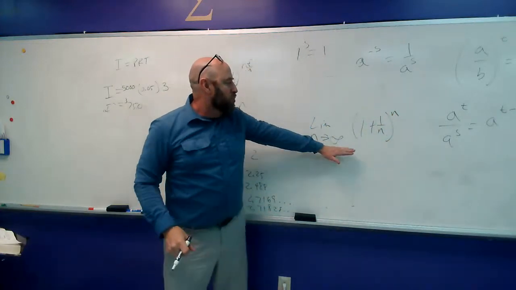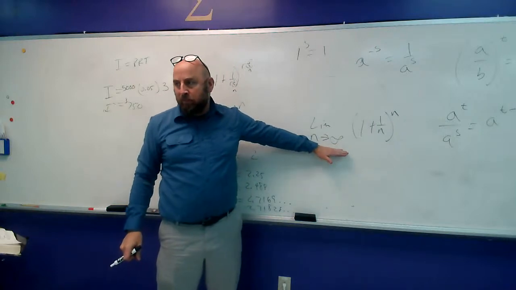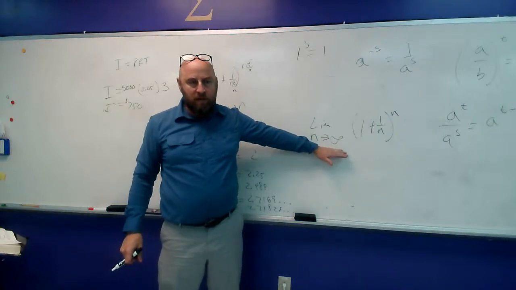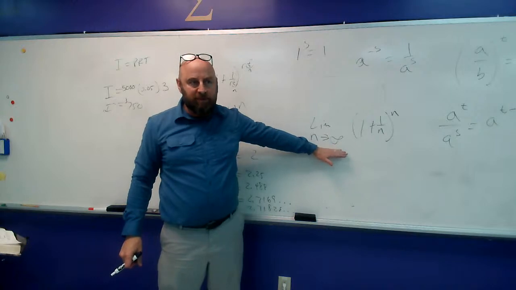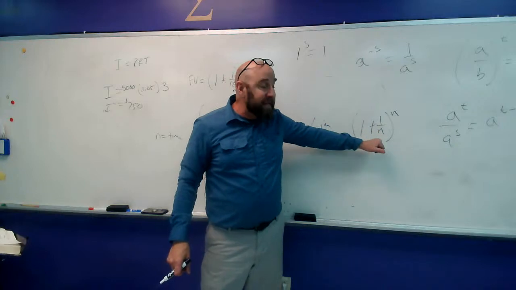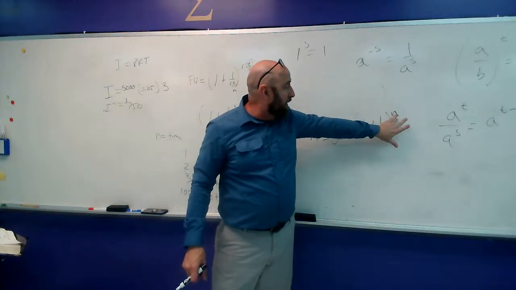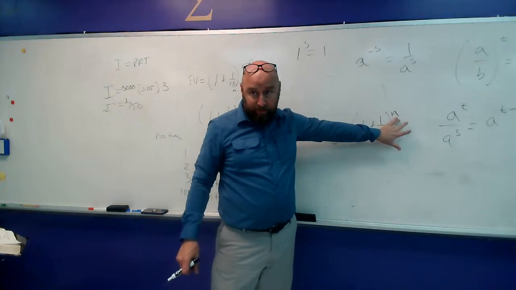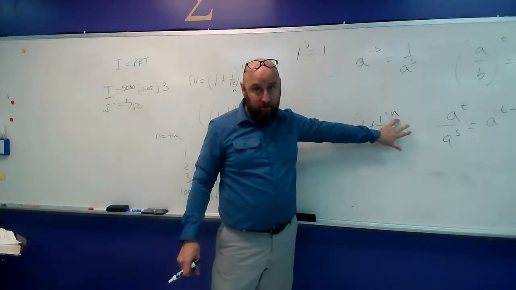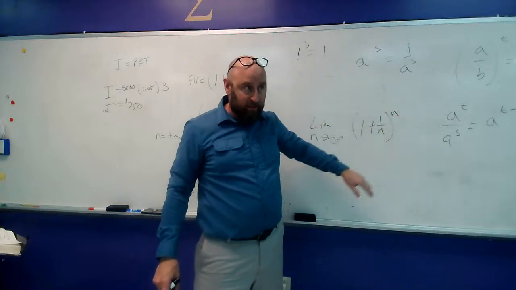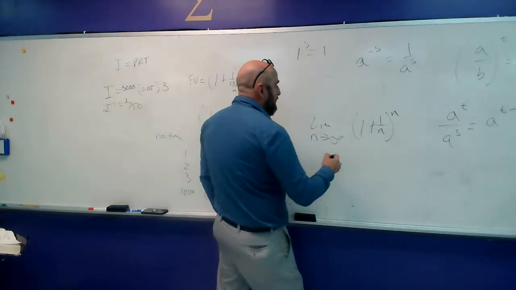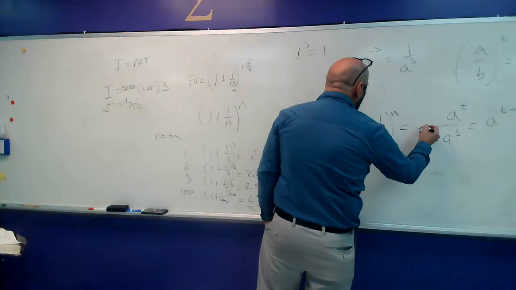So we're saying we're going to let n get really, really big, so big we can't define it. Infinity. And if you notice here, this is exponential, right? But that equals a value that we call e.